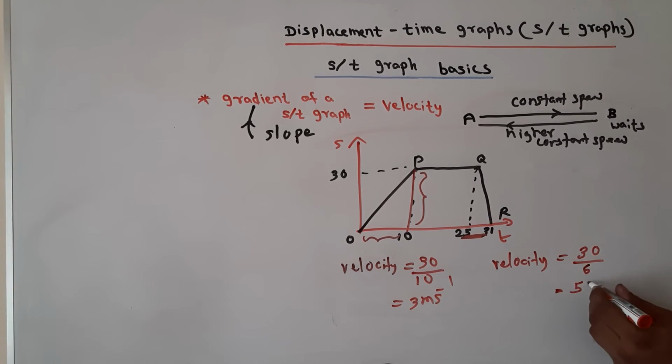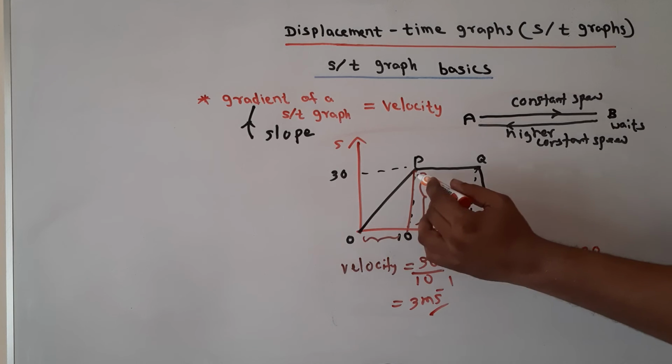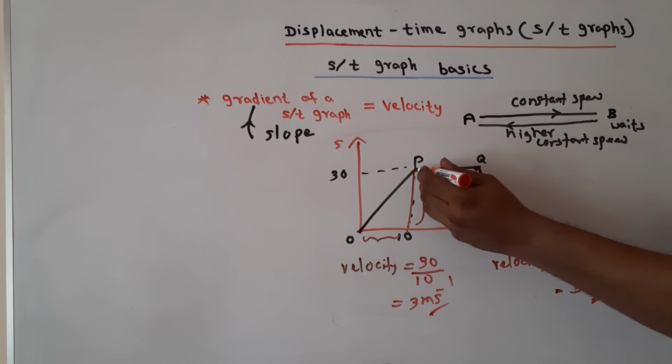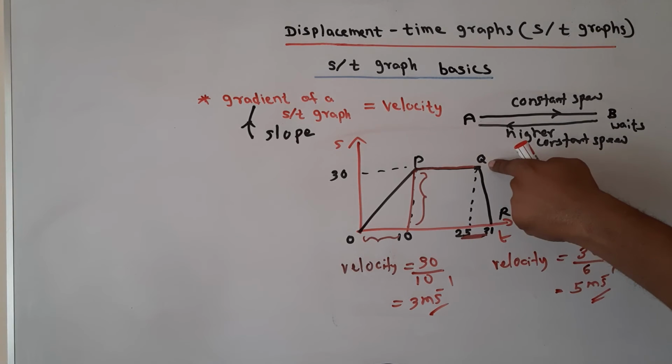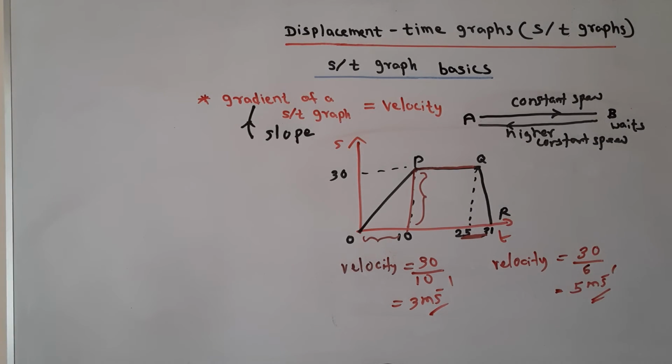So it's 5 meters per second. So this is constant velocity in this region, flat line at rest. Here again, constant velocity. Shall we consider another example?